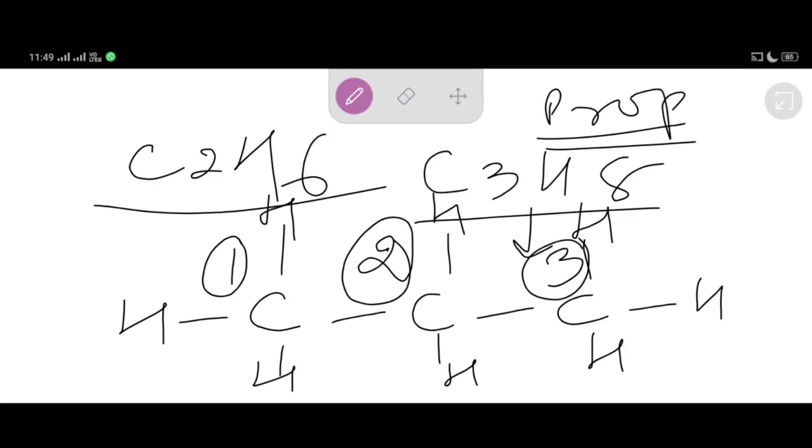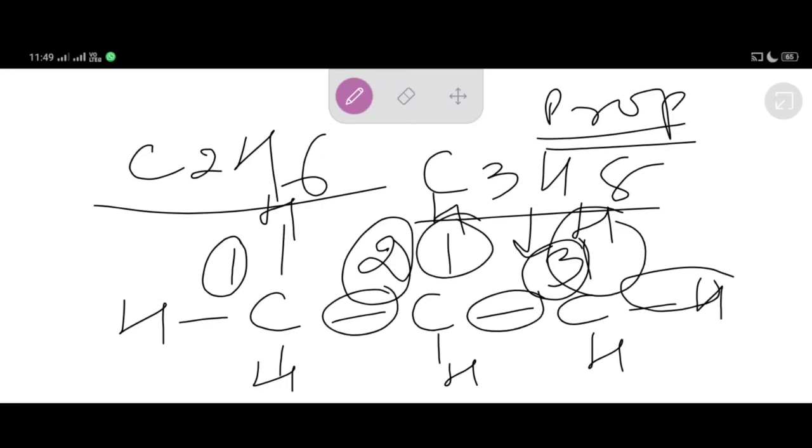So this is "prop", and it contains carbon-carbon single bonds. That means this hydrocarbon has all single bonds, so it is saturated. The saturated hydrocarbon is indicated by using the ending "ane", my dear students.